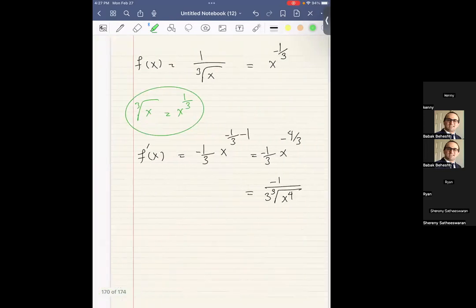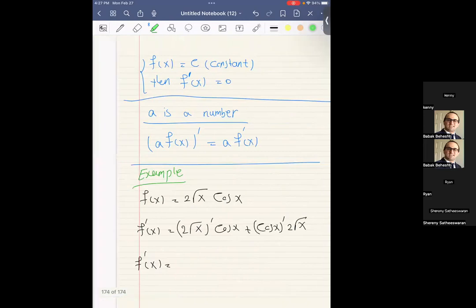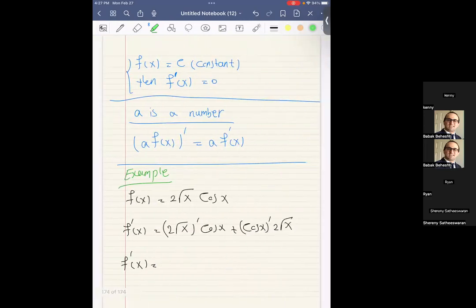So 1 over 2 times root x, times, but there is also a 2 here on the top. So you multiply this by 2, then times cos x.